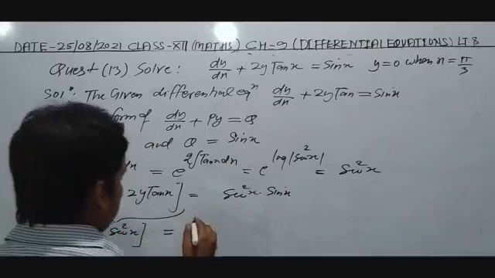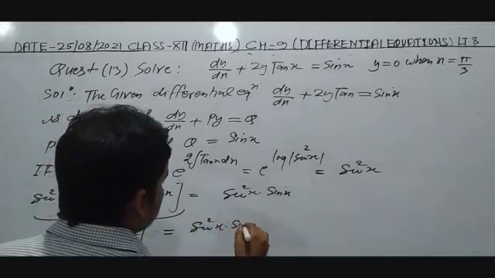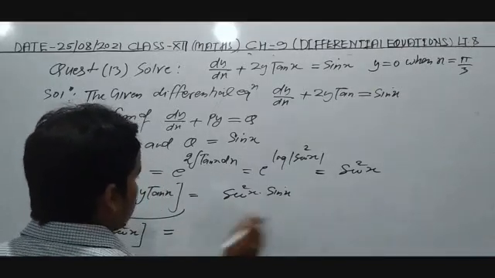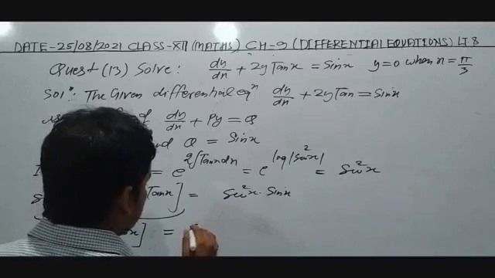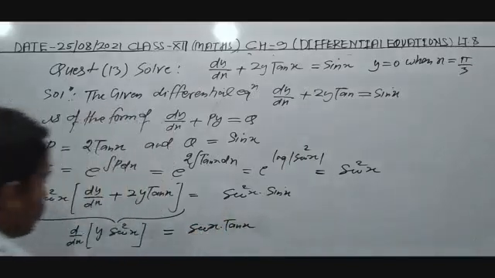So sec²x times sin x is also the calculation of sec x into tan x.